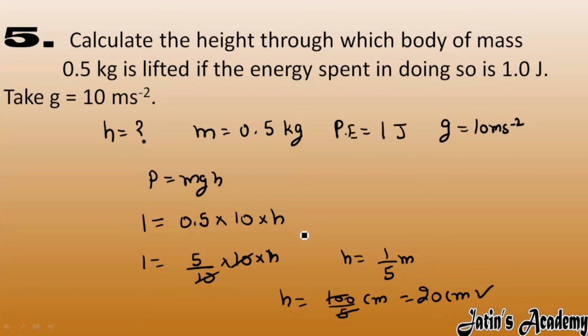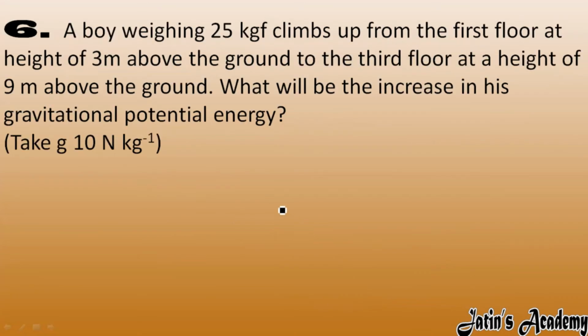Clear? Next we have a boy weighing 25 kgf who climbs up from the first floor at a height of 3 meter above the ground to the third floor at a height of 9 meter above the ground. We have to find the increase in gravitational potential energy.